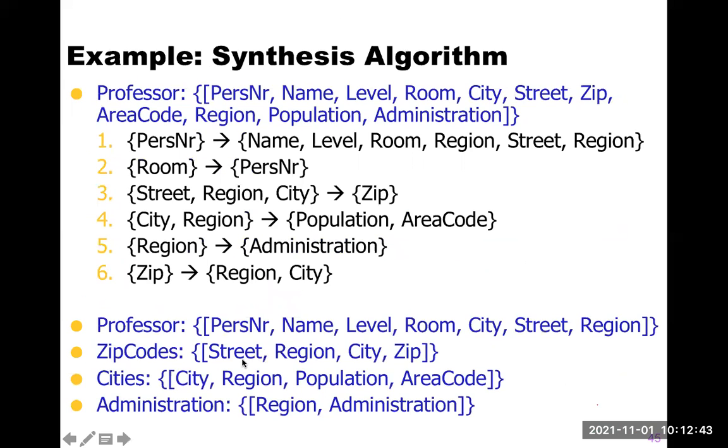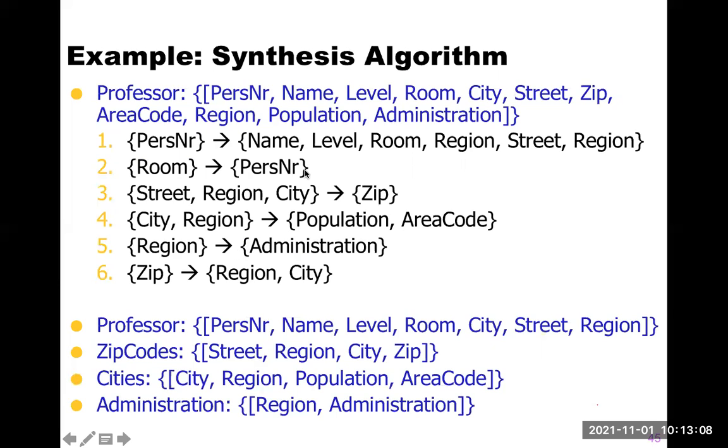So the first dependency is minimal. I can't remove anything from the left, and I can't remove anything from the right. Everything depends on the left side. Second, I can't remove anything from the left or from the right. Third, the same thing. So all the dependencies, that's a minimal coverage.